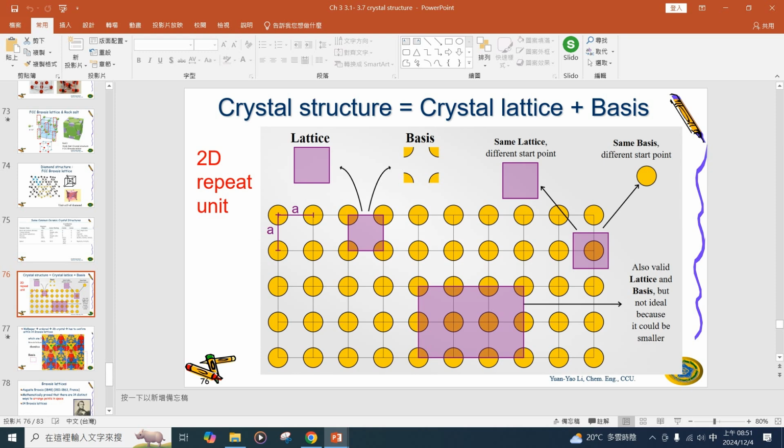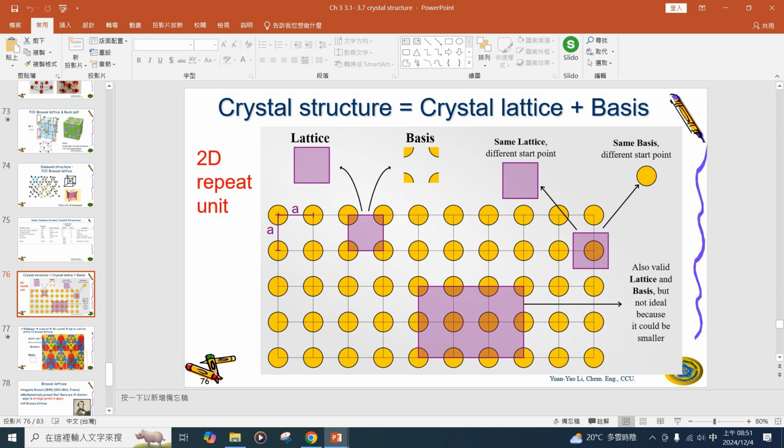I don't show you a 3-dimensional crystal lattice, but this is a 2-dimensional repeated unit. It's the same. So if you have this atom, this is 2-dimensional. This is called lattice. And this is called basis. So this is a repeated unit, right? You can repeat this to this, to this, to this.